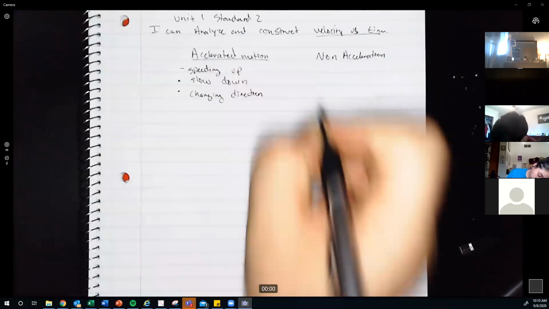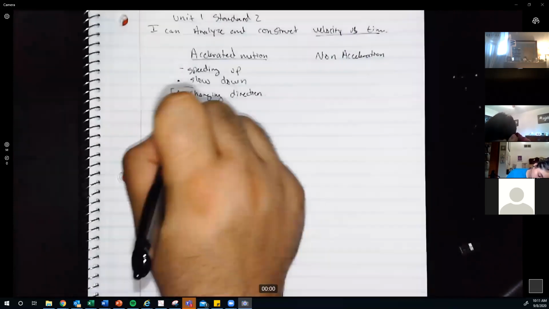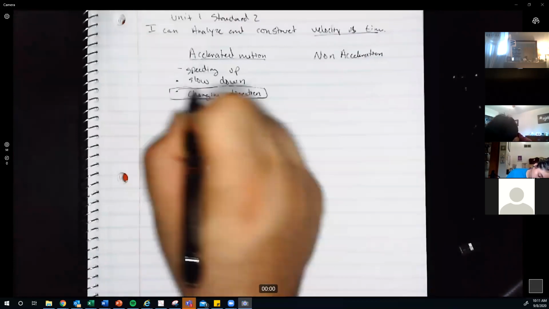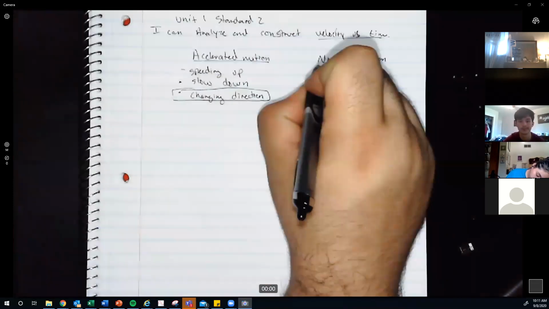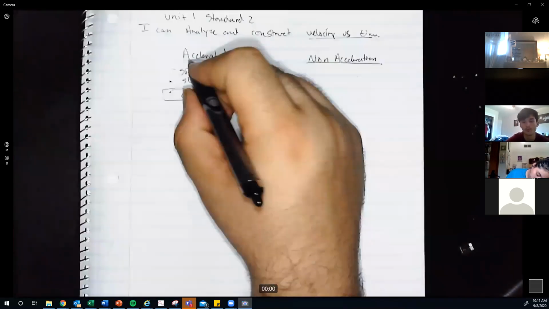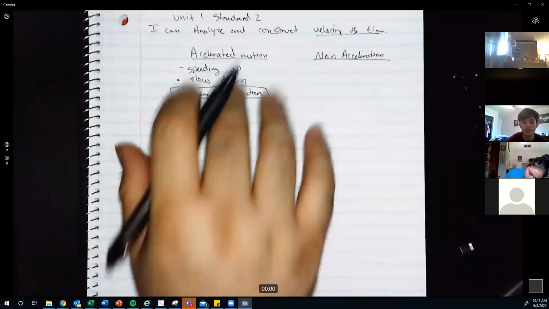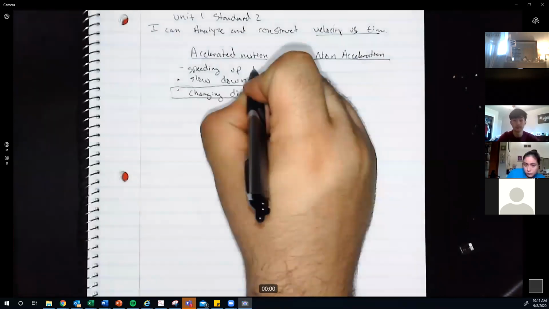This is just a refresher from when we first talked about accelerated versus non-accelerated motion. Changing directions, we're really not going to analyze using a graph. It isn't linear motion, and linear motion is really what we're focused on. So these 3 things are accelerated motion, and we're going to analyze speeding up and slowing down today.